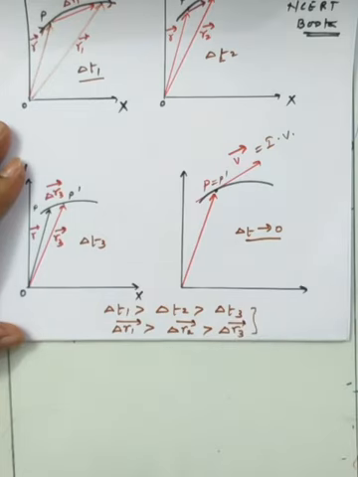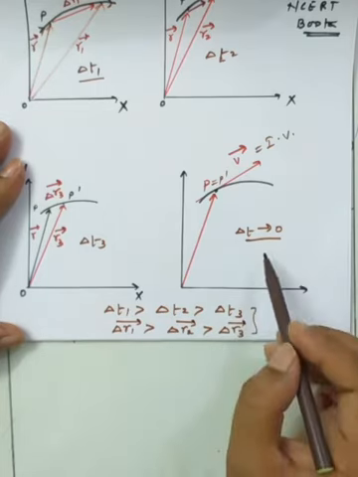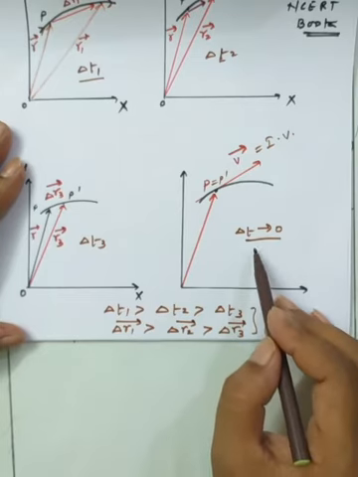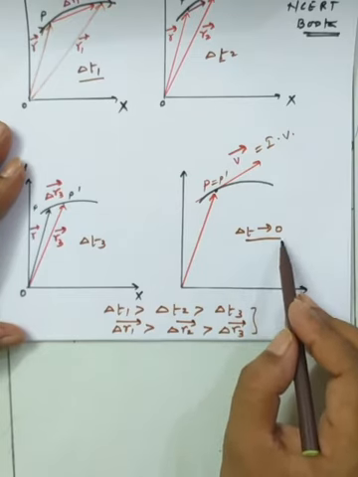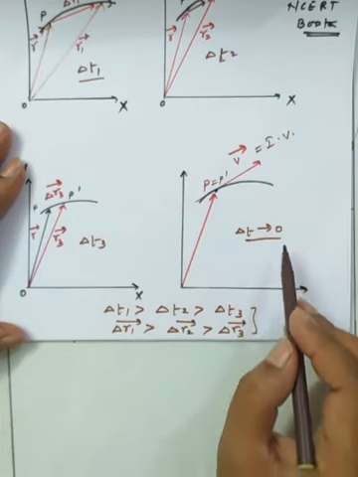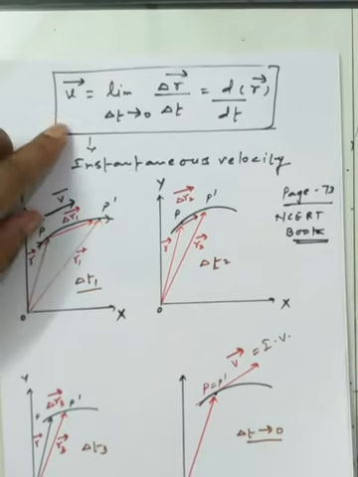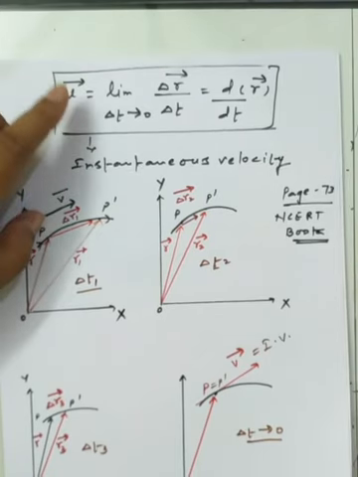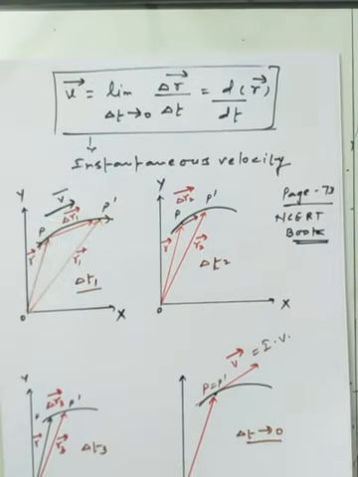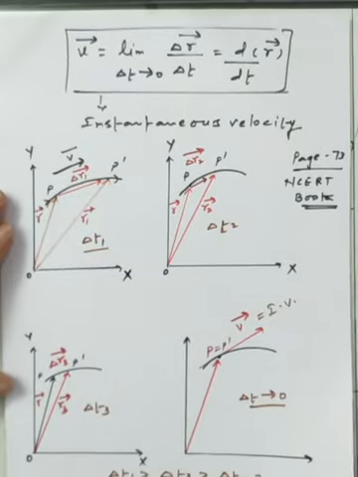So whenever we assume the condition of the instantaneous velocity, we approach the time interval equal to 0, but not 0. So the instantaneous velocity can be represented as dr by dt of displacement.